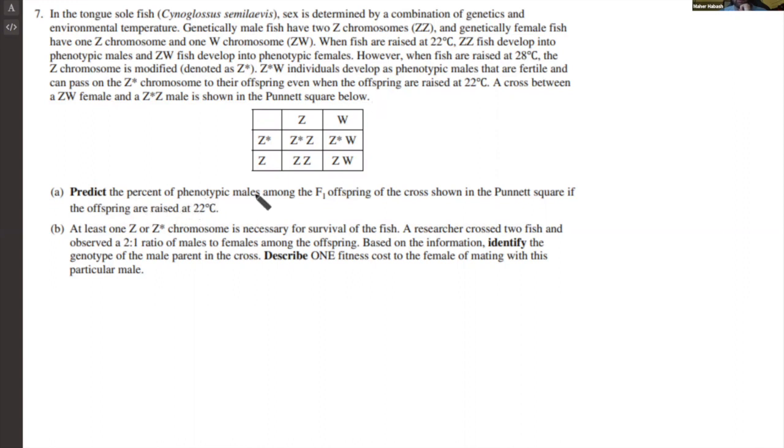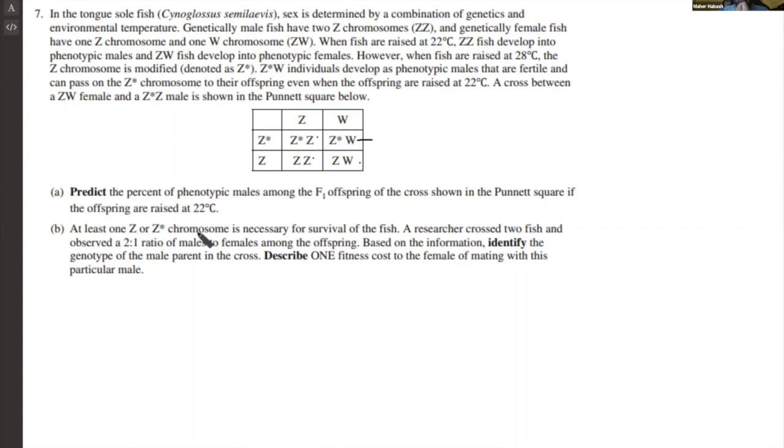Predict the percent of phenotypic males among the F1 offspring of the cross shown in the Punnett square if the offspring are raised at 22 degrees Celsius. Perfect. 75%. We have male, male, phenotypically male, female.